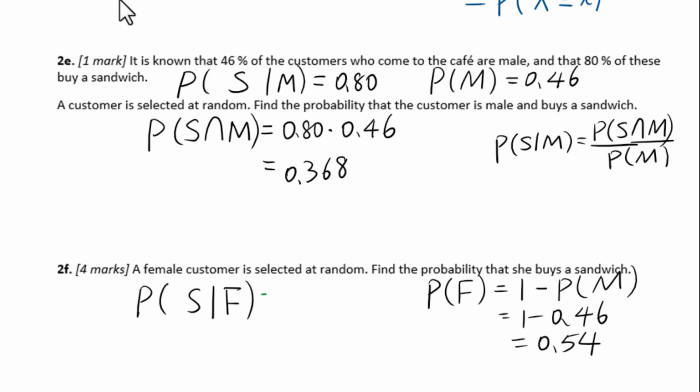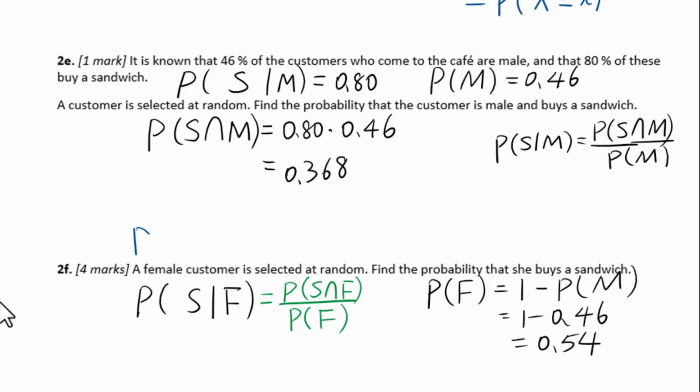First of all, let's write down the formula for this conditional probability: probability of S intersection F over probability of F.